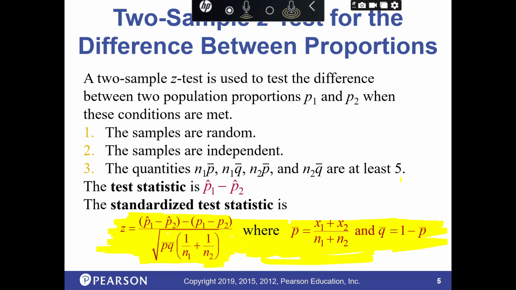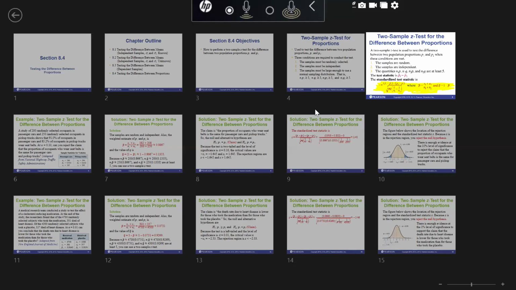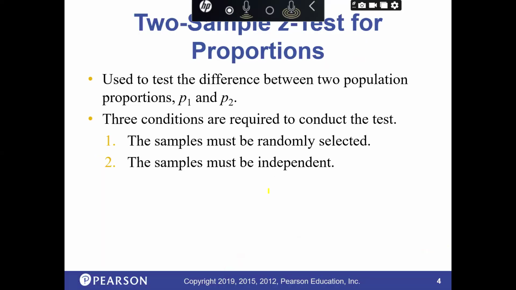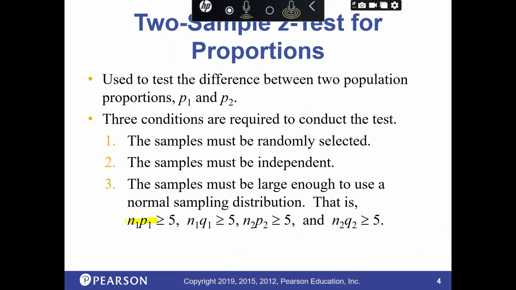Okay, now I got to give you guys the condition here. So we got to test the conditions. If you guys remember back from chapter 6 and chapter 7, these are the conditions if we can use this in the first place. So just these little pieces right here. So the number that you use and the percentage that you use, they have to be 5 or bigger.